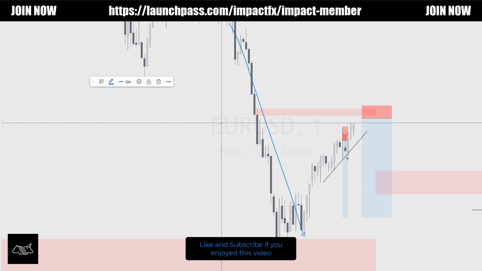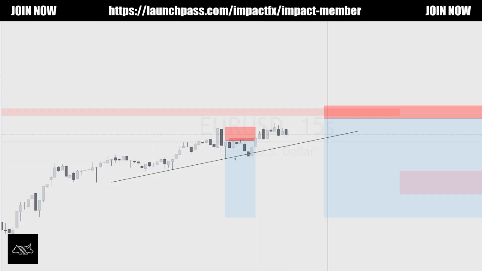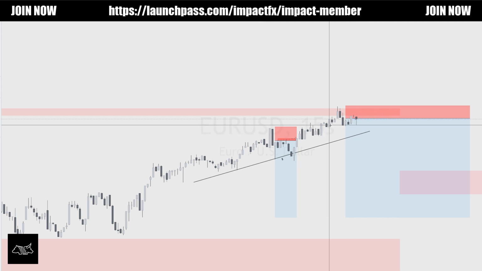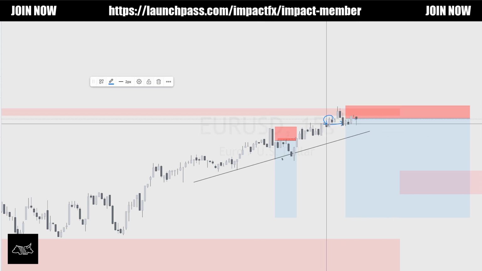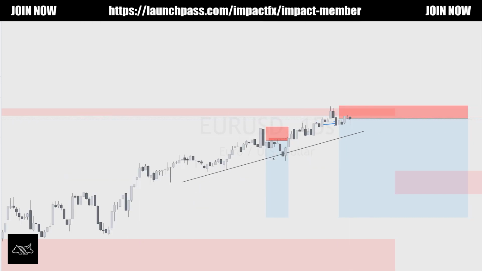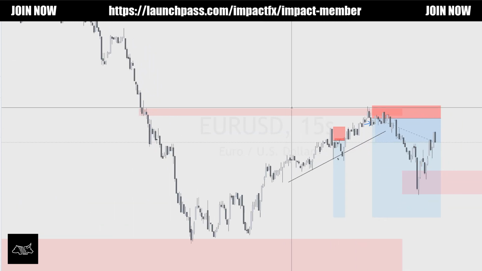Why do I want to take it short? Because that's the trend. The trend is bearish, and I want to be trading with the trend. So price on the 15-second ends up coming up into this zone, and it starts breaking structure. It took this previous rally-based rally up to the high. It tapped into this 15-second OB, and we ended up coming into my zone, and it fell quite nicely.